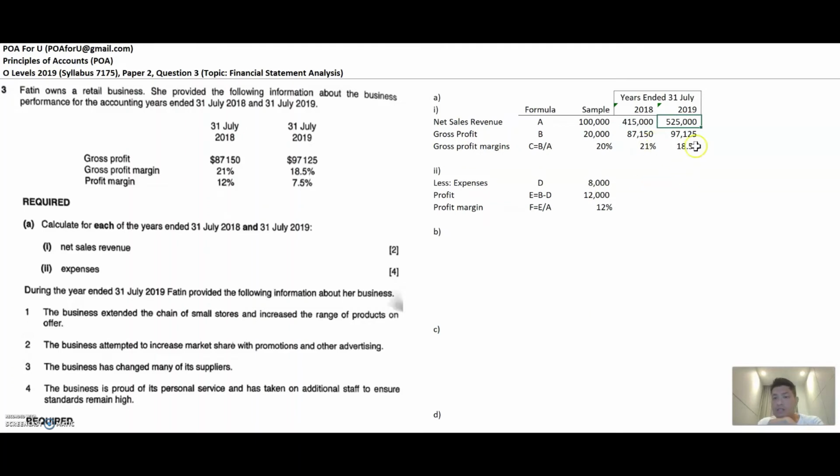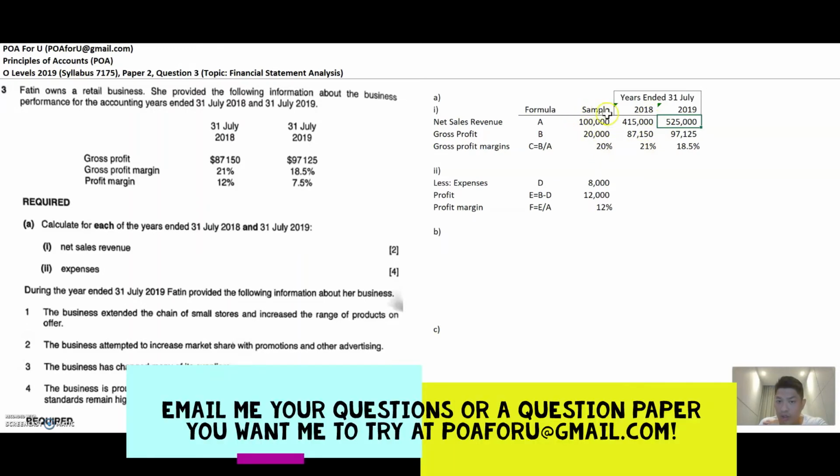Okay, and essentially what are we saying here? If you look at the sample example, for every $1 of sales revenues, the gross profit is 20%. So that's like 20 cents. So every $10 is $2, every 100,000 is 20,000.